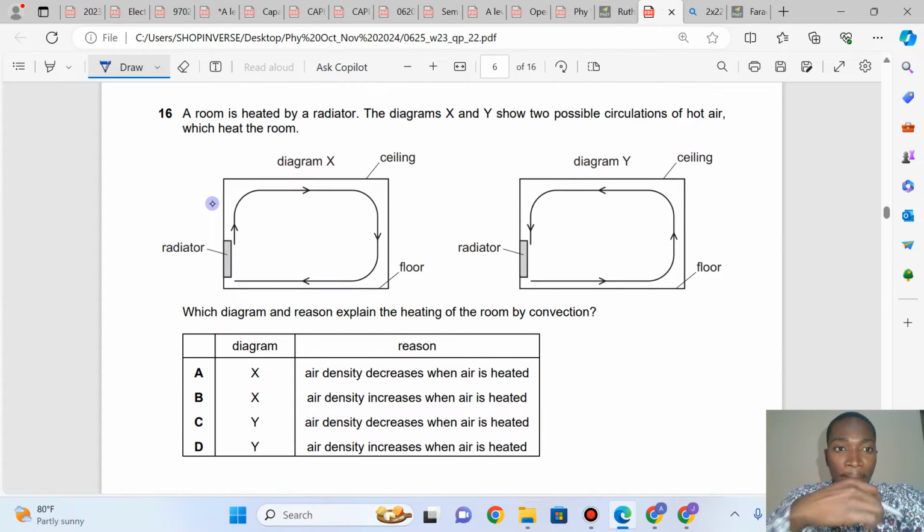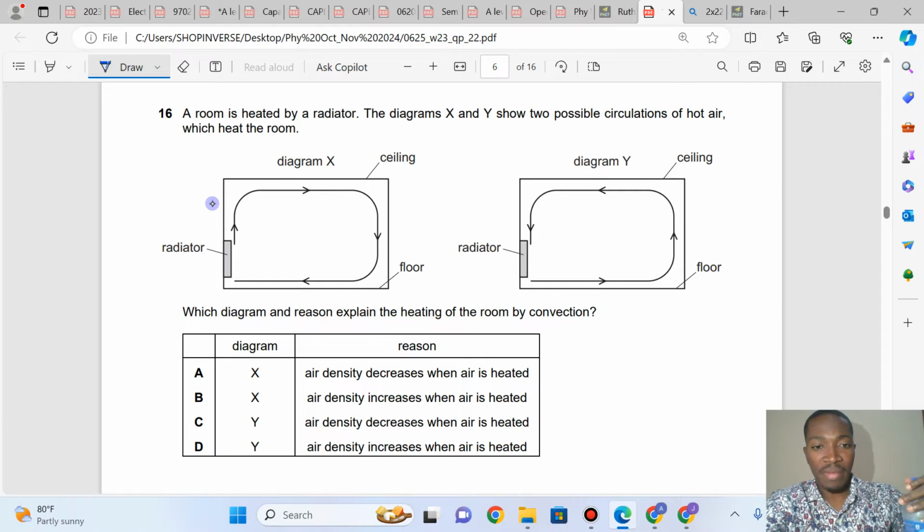Question 16. A room is heated by a radiator. The diagrams X and Y show two possible circulations of hot air.